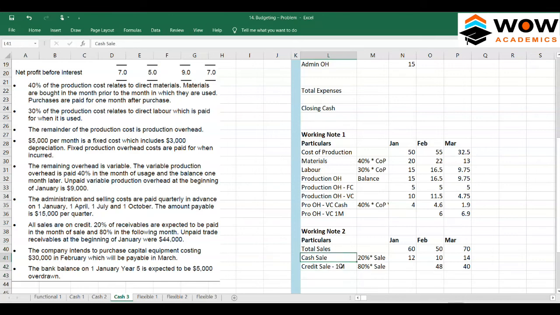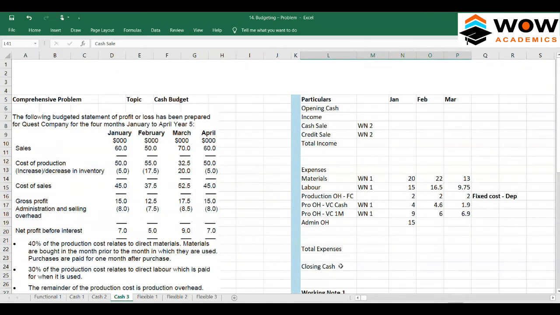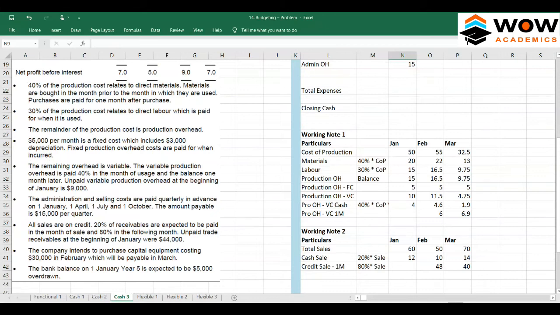So we got these numbers. We can just copy them from here and paste them in this place. The opening balance would be the opening receivables of 44.